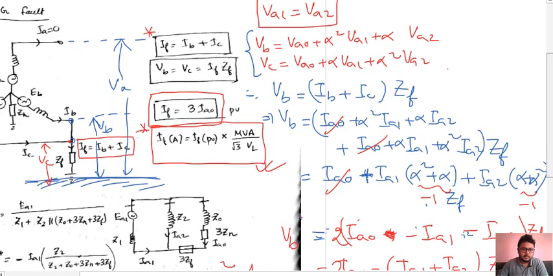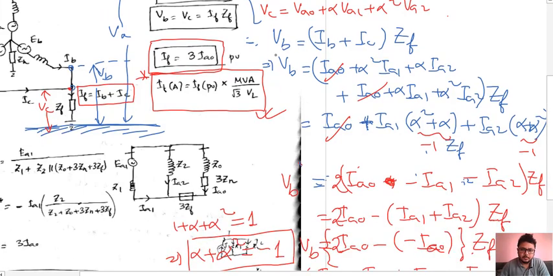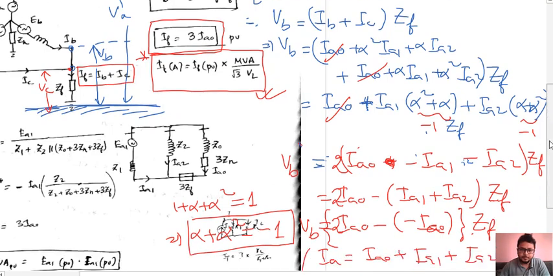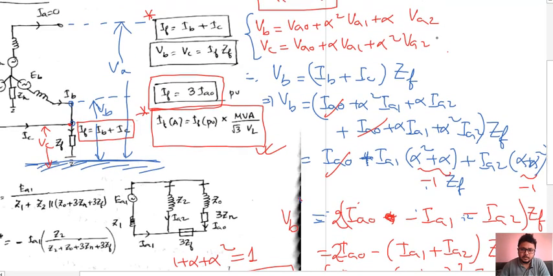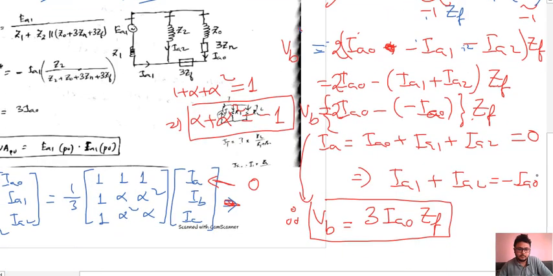One by one you have to make the relationship. This relationship we have already got. Now let us solve this VB and these two. This we have already solved. Now this equation, let me solve this VC equal to this.